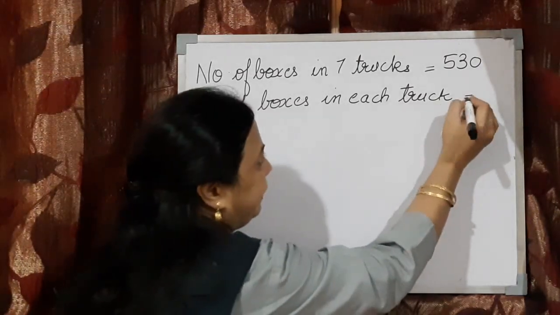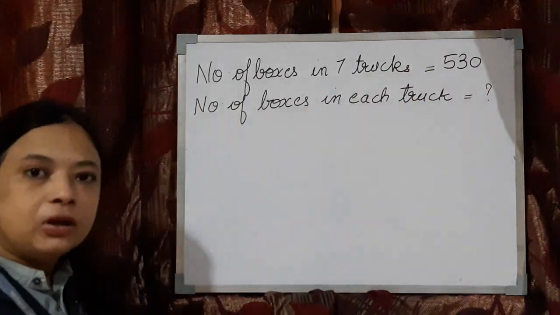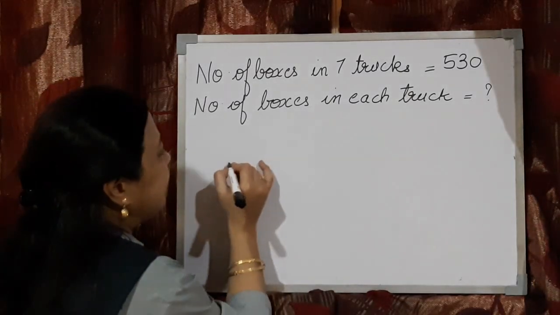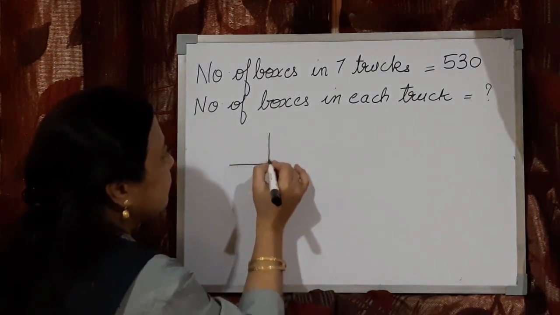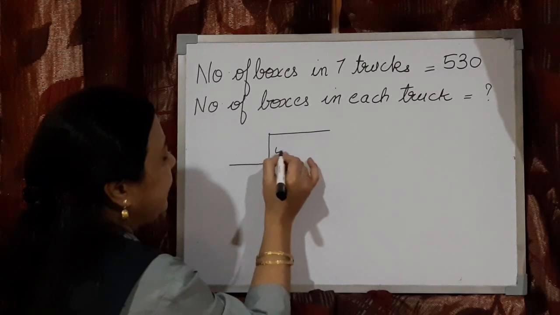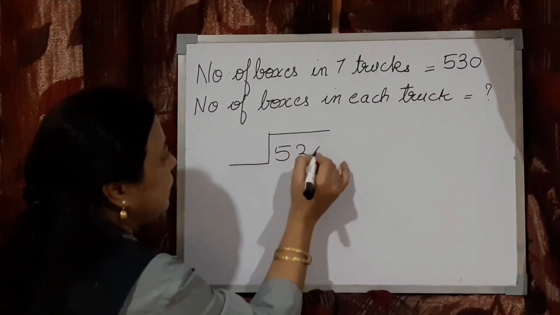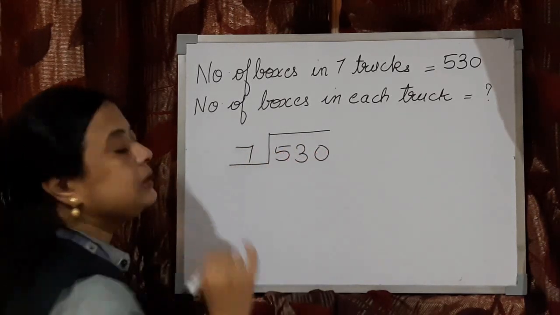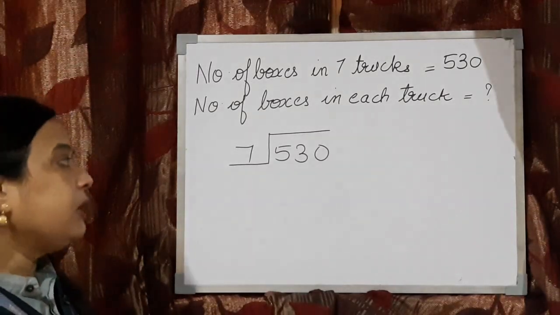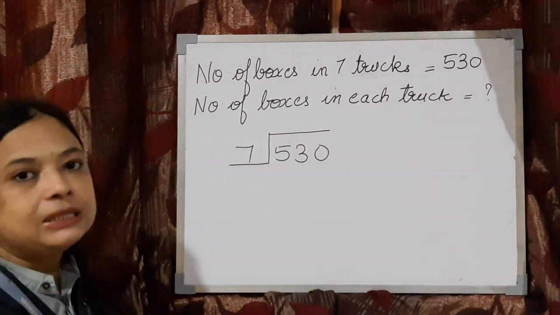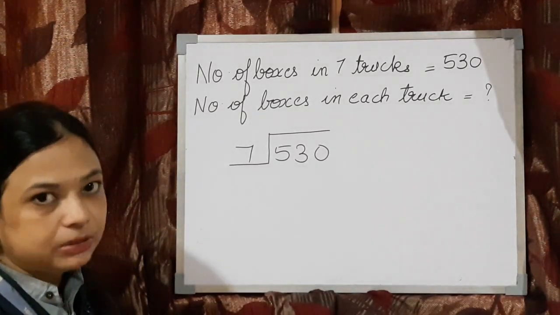That we are going to find here. Okay, so we are going to divide our sum: 530 divided by 7. Now as 5 is less than 7, we are going to take two numbers, right?